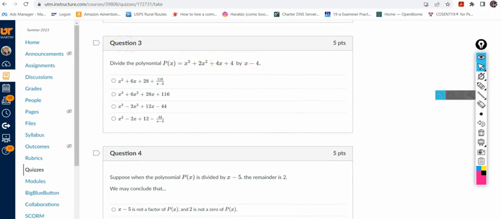Let's divide the polynomial by x minus 4, so it is x minus the number in the box.